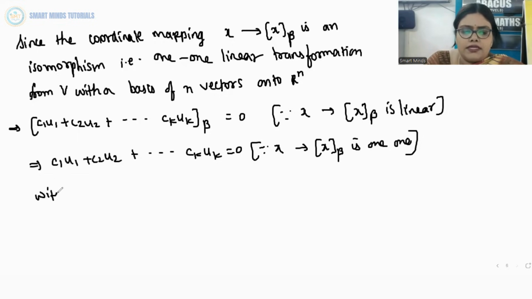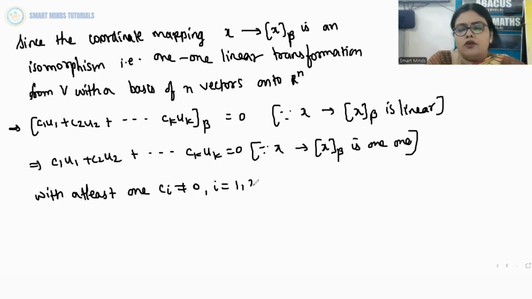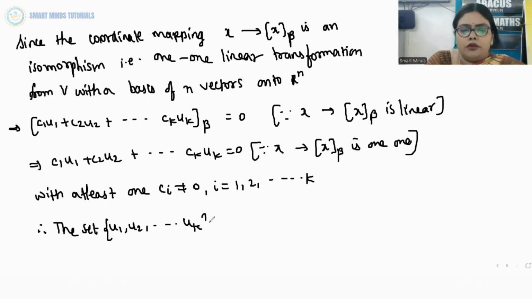So with at least one Ci which is not equal to 0, where i takes values 1, 2, so on up to k. Therefore, you can say that the set U1, U2, so on up to UK is linearly dependent.